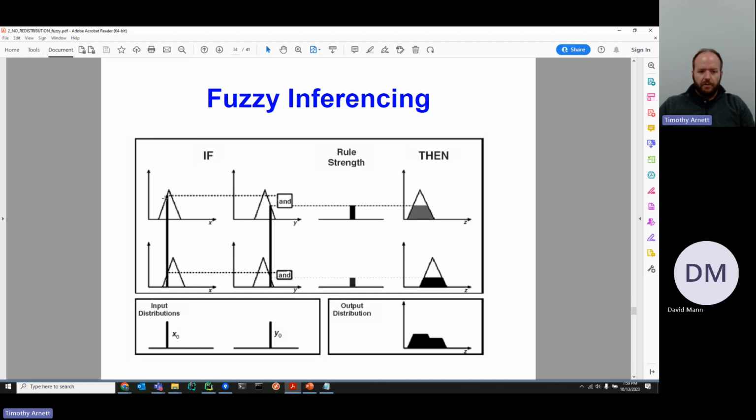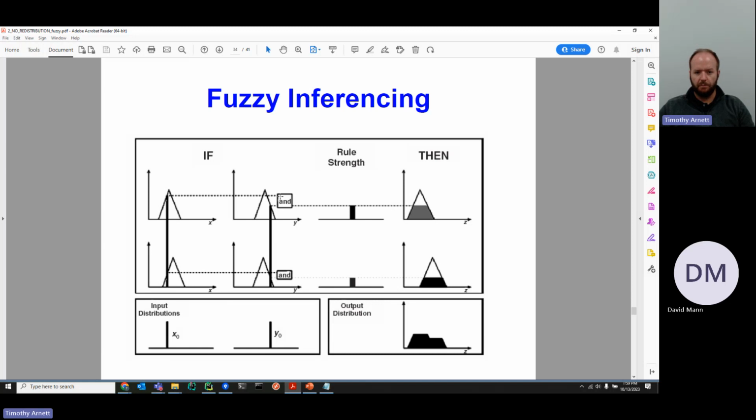So let's go through the steps here. So we have this measurement in X. We see that our membership in this set in X is this high, and our membership in this set in Y at this measurement is this high.